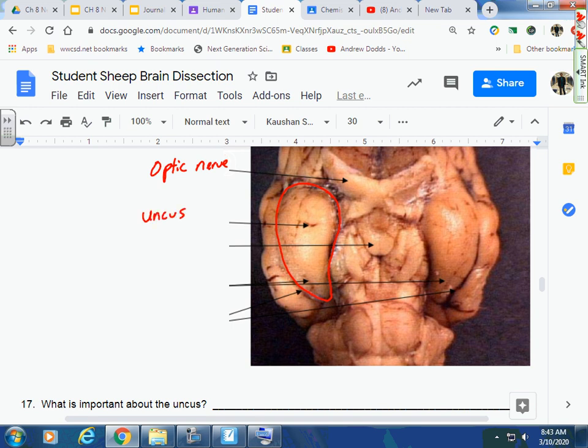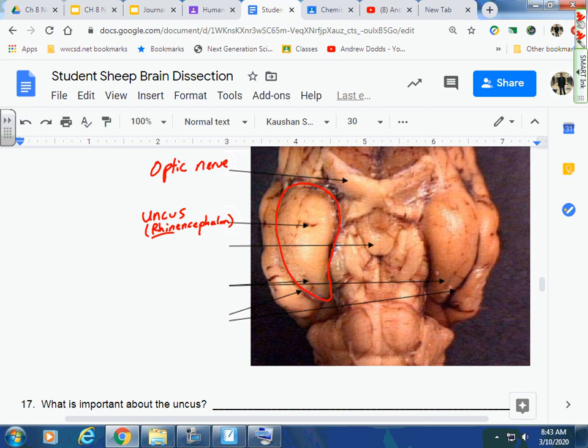Sometimes it's also called the rhinencephalon. And this prefix rhine is actually referring to nose, like rhino. So that's actually going to have centers for processing smell, information related to smell.